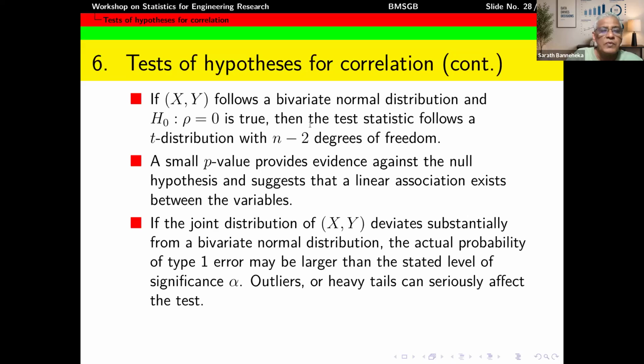Right. So if the joint distribution of x and y deviates substantially from the bivariate normal distribution, the p-value given by the computer may not have a real meaning, and in that case, making conclusions based on the p-value may lead to erroneous conclusions.